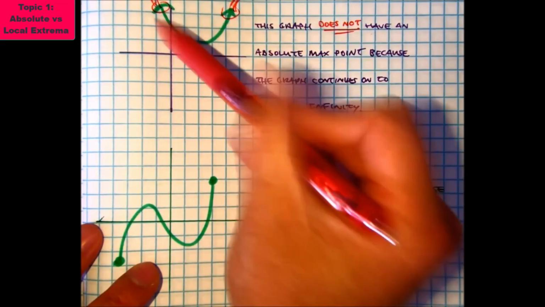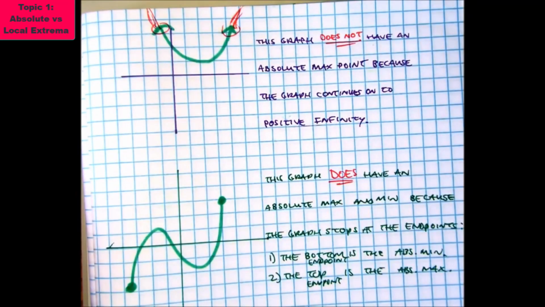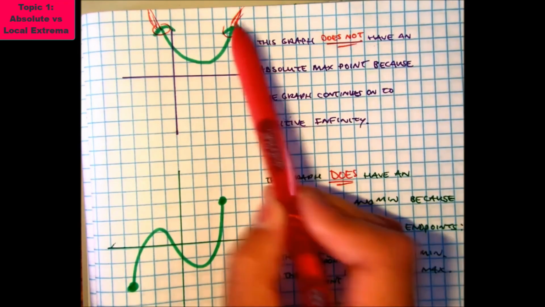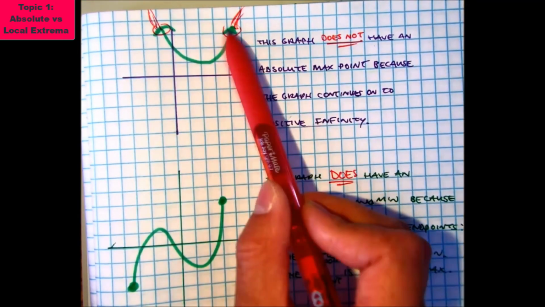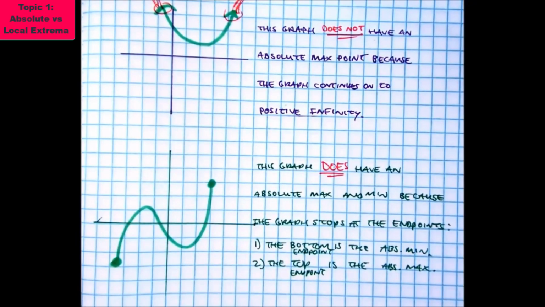So there's going to be some really high point that we can't even see on our graph. Okay? So pay attention to the end behavior. In this case, it has arrows for what we know right now.